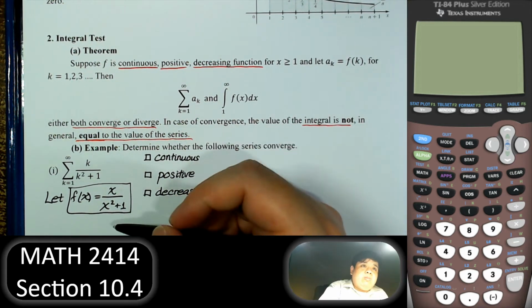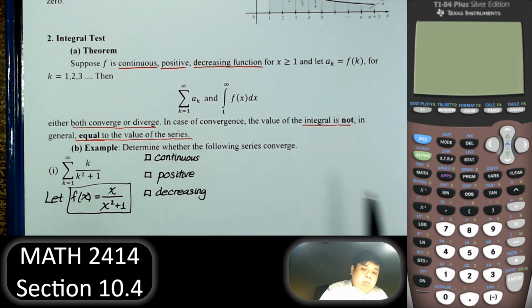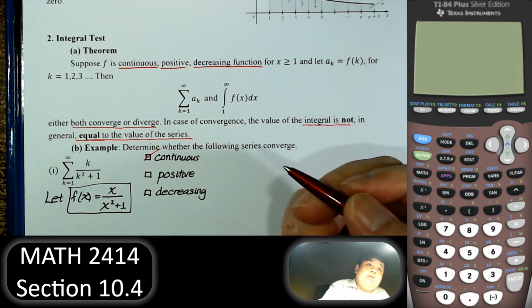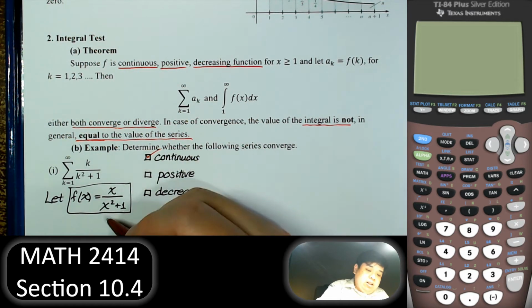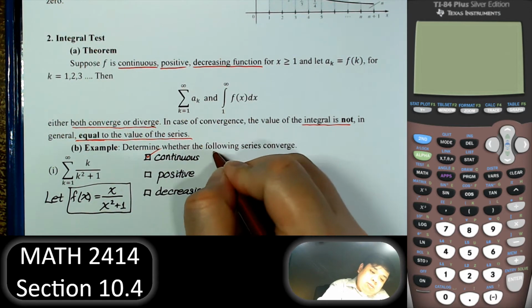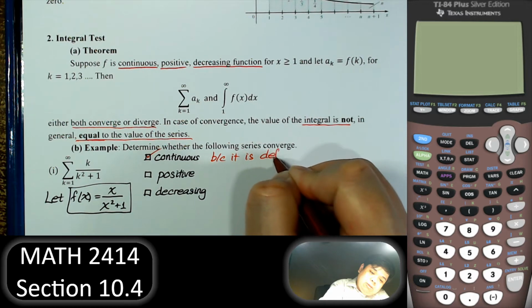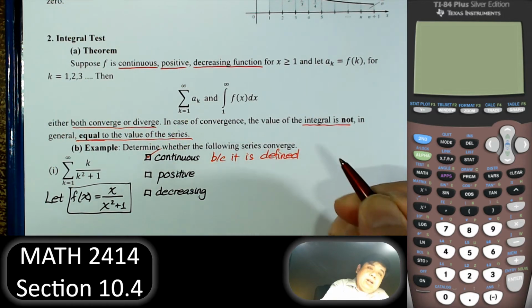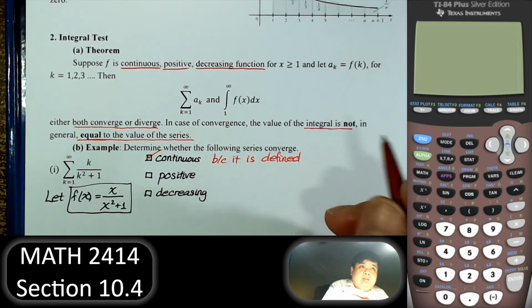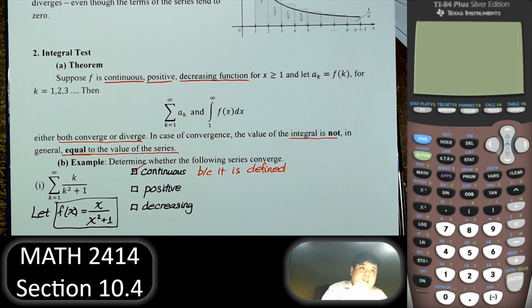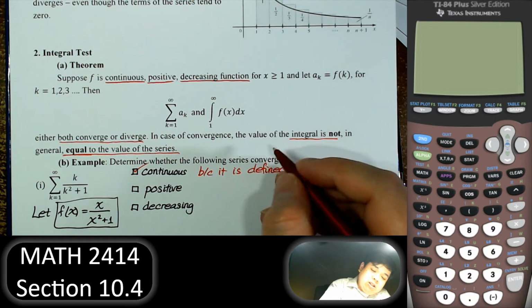So first of all, it is continuous because the denominator is not equal to 0. So it is defined everywhere, therefore it is continuous everywhere. Usually in this type of function, it is defined and it will be continuous.